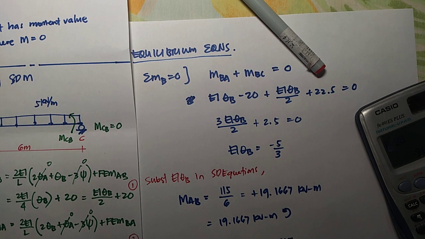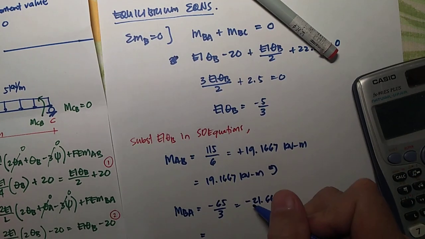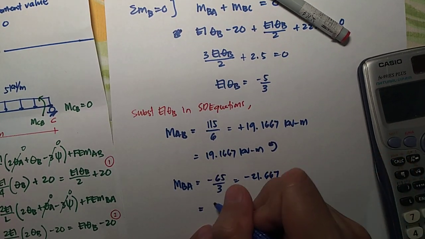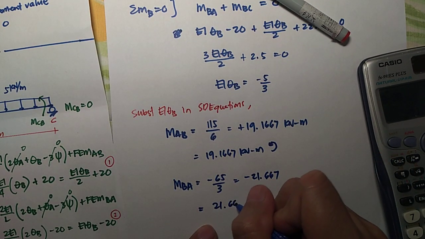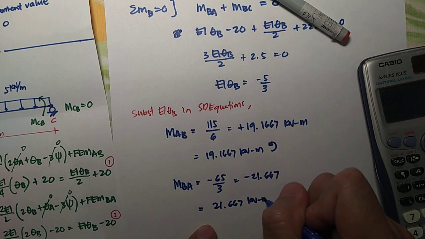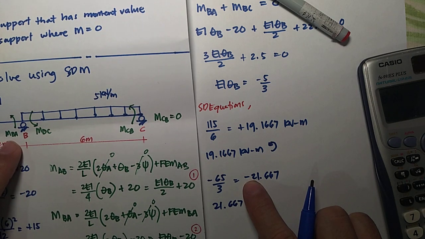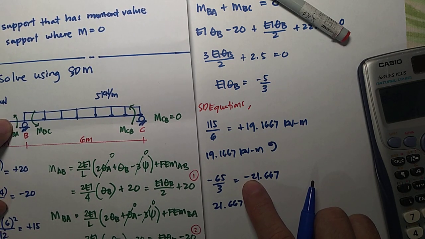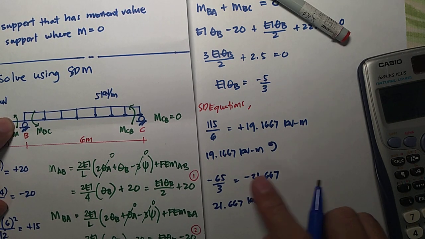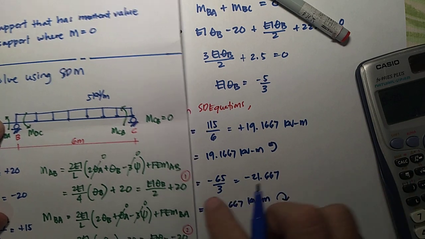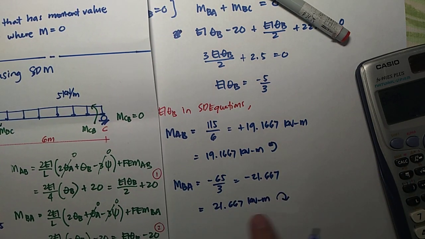Or we could write this as, tanggalin ko yung negative sign, 21.667, that's kilonewton meter. And the direction is negative, ibig sabihin, opposite nung inassign kong direction. It is counterclockwise, it should be clockwise. Kasi nag-negative. So, ito yung tamang moment sa BA.